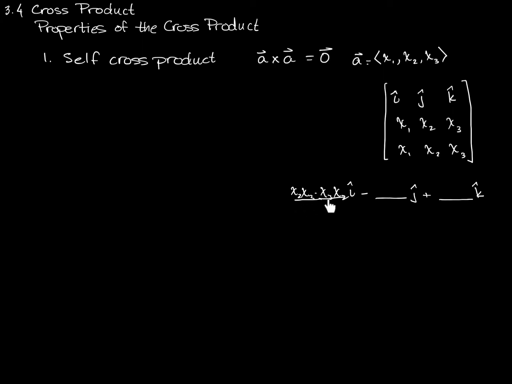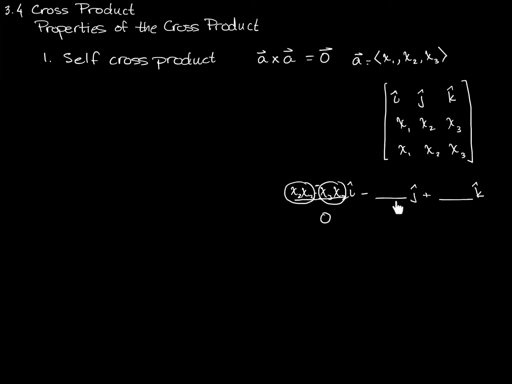Well, these values here that are taken from this matrix, these are just real numbers. So I can do this multiplication, x2 times x3 minus x3 times x2. x3 times x2 is the same as x2 times x3. So this number here is the same as this number here. And when I subtract them, I get 0.